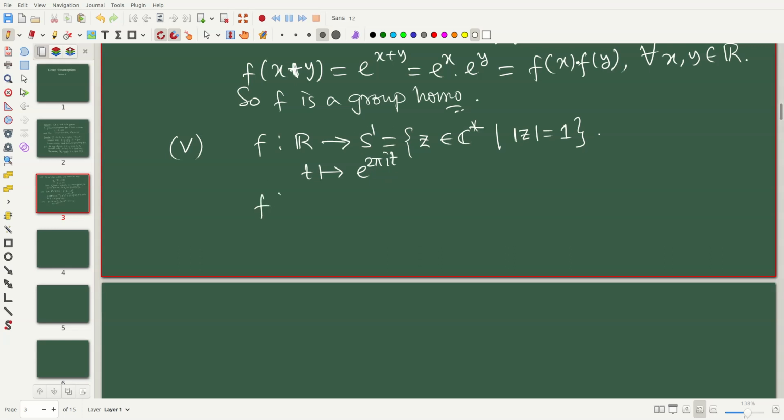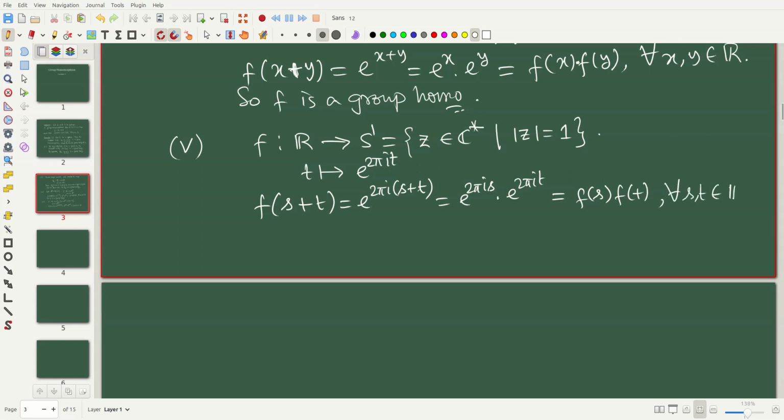Note that f of s plus t equals e to the power 2 pi i (s plus t), which equals e to the power 2 pi i s times e to the power 2 pi i t, equal to f(s) times f(t), for s, t in R. So f is a group homomorphism.